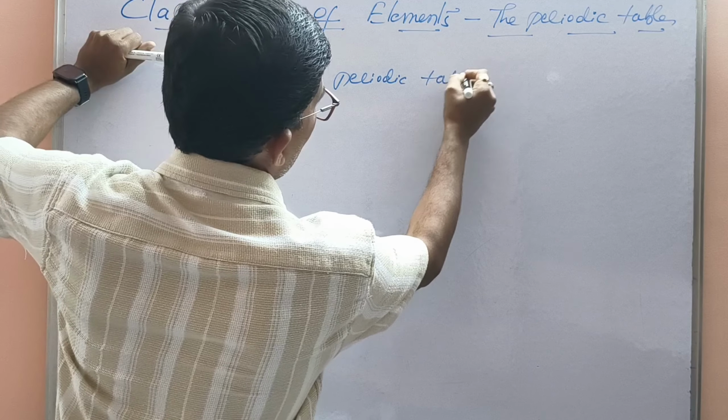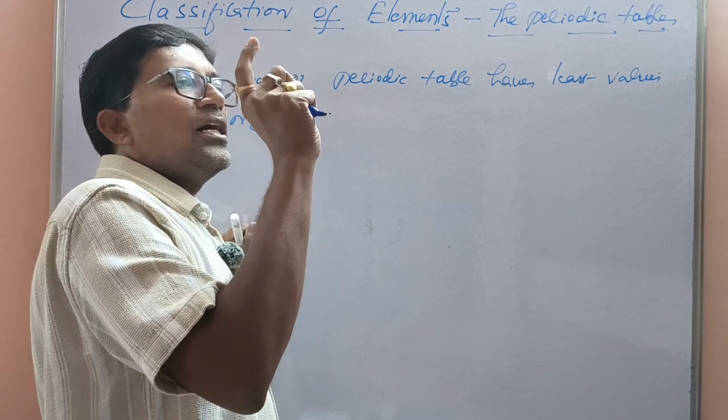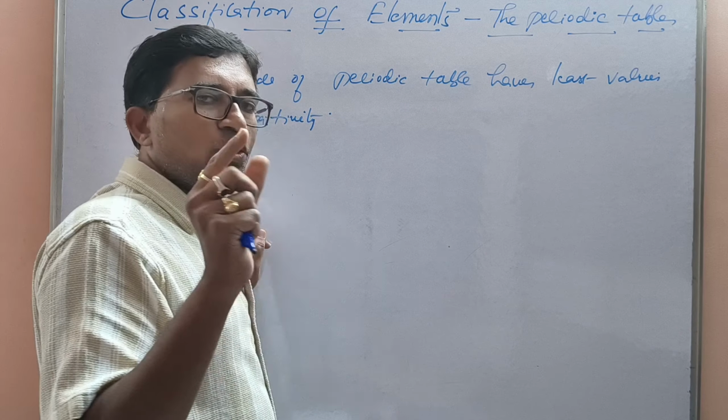Actually, in my view, the question is not clear here. The reason is, the elements present towards the right side are having the highest electronegativity values, not least. Only 8A group elements, nothing but noble gases or inert gases or zero group elements, are having zero electronegativity values because they have an octet configuration.